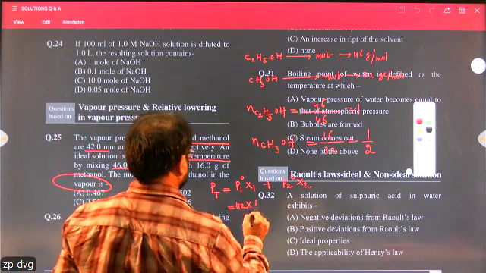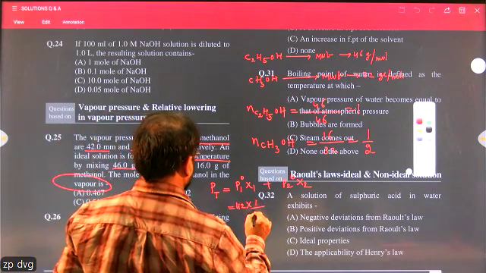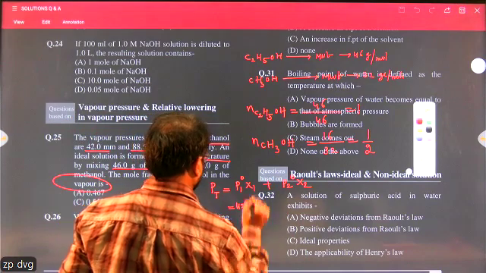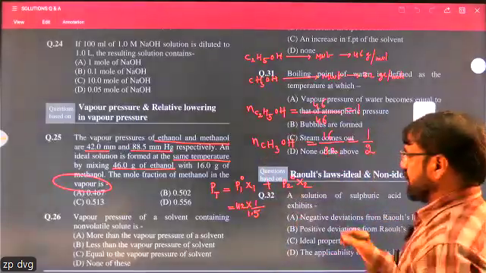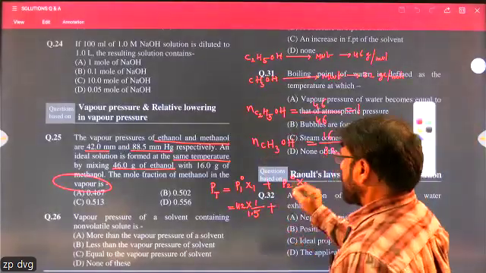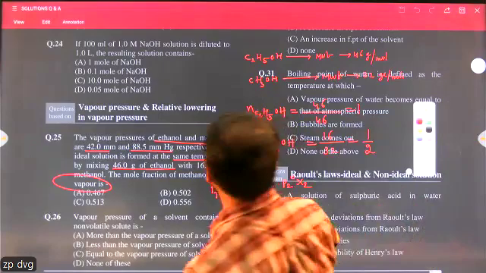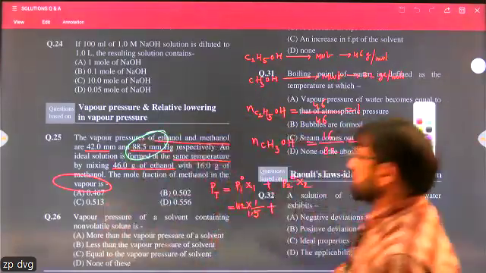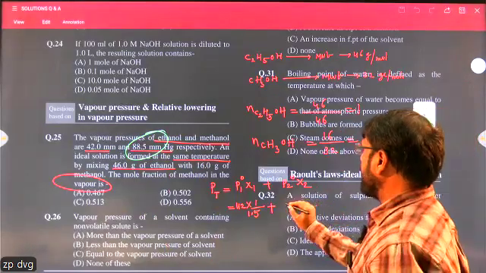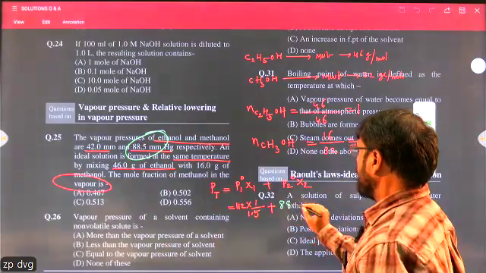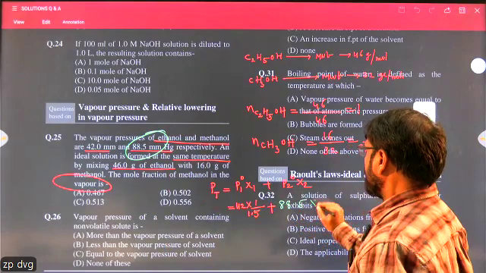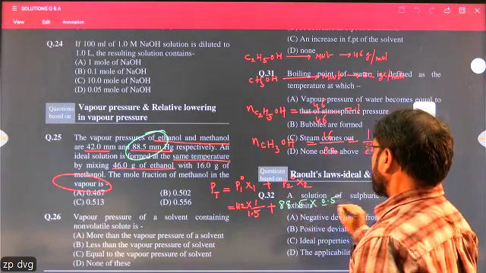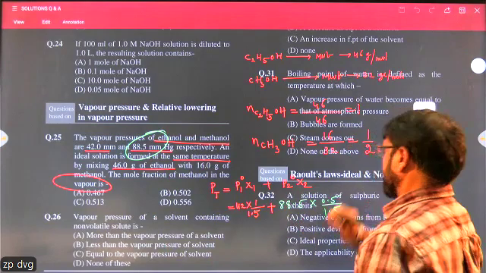Number of moles of ethanol is 1 and total moles are 1.5, plus vapor pressure of the methanol, which is 88.5, into its moles 0.5 divided by total moles 1.5.